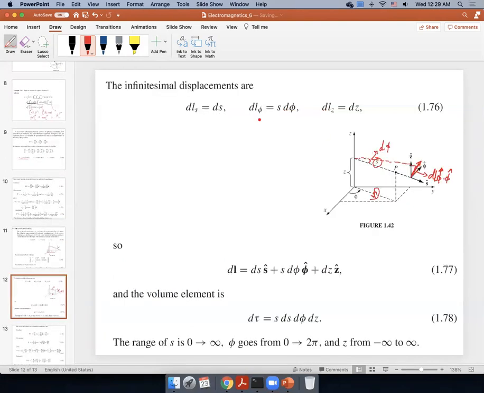So now here, dl phi equals s times d phi. And dl z, of course, equals dz. It's just going up.